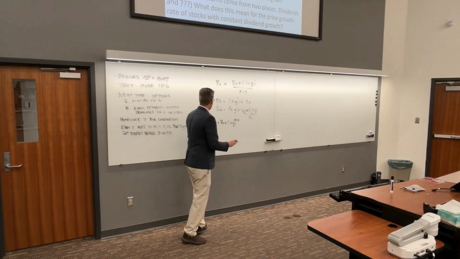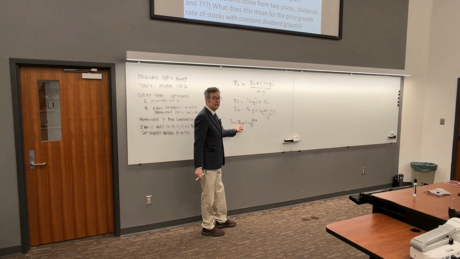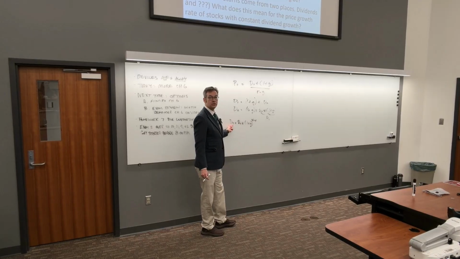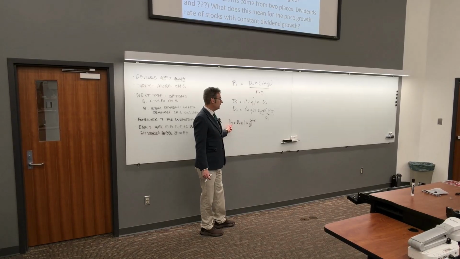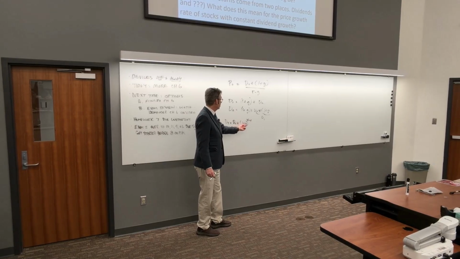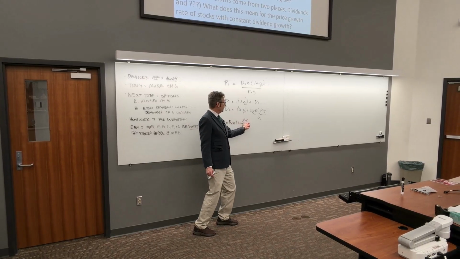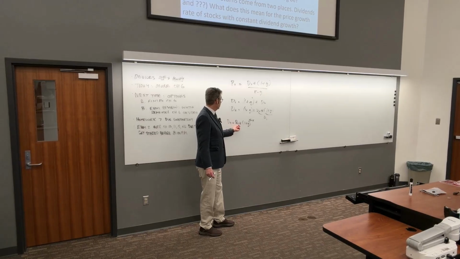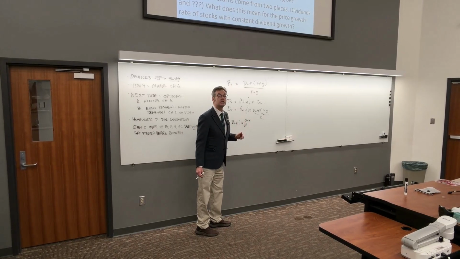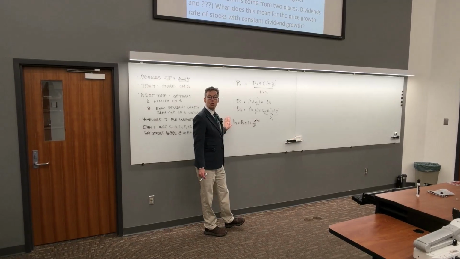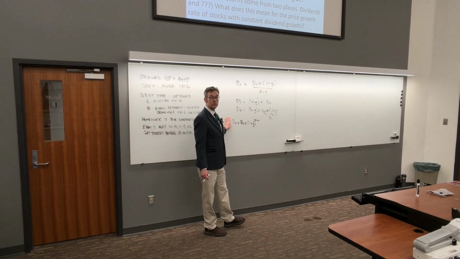So if I have D7 and I want to know D13, all I have to do is take D7 times 1 plus G to the 13 minus 7 power, which is 6. And so D13 is just D7 times 1 plus G to the 6th power. This formula always works.